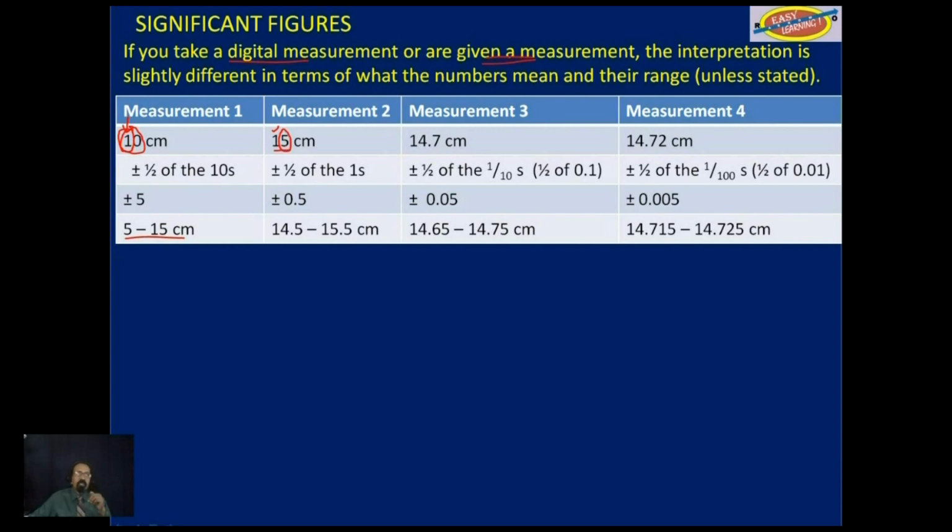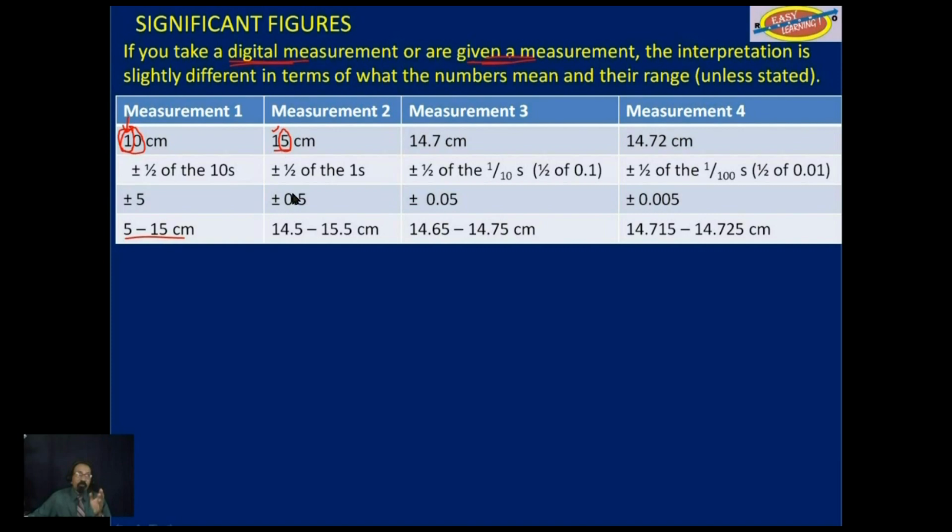Now remember, this is if you are given a measurement or if it's a digital measurement. Now if you take that measurement, you determine what your uncertainty is if you are using an analog scale. But if we have a digital measurement, or we are given a measurement, we will assume that this 5 here is uncertain, and because that 5 is in the ones position, the uncertainty is really 1.